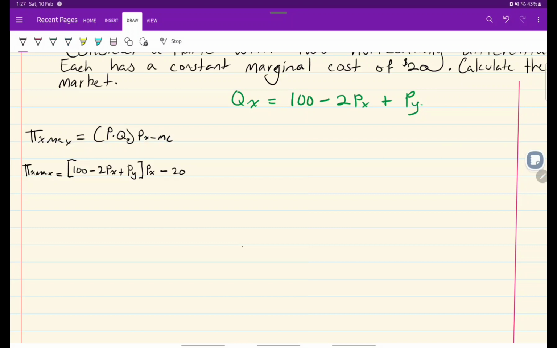You want your price cost margin. So Px minus 20. And that is all good.